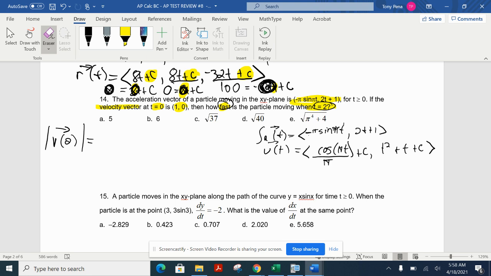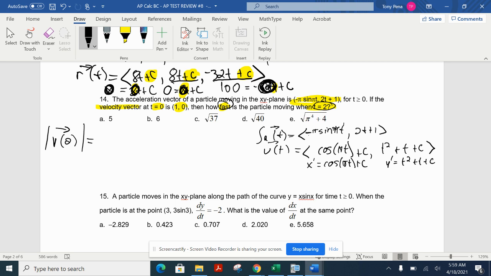Let me erase these just so there's a little less congestion. So this is our x prime, and this is our y prime. So it's our horizontal rate of change, vertical rate of change.